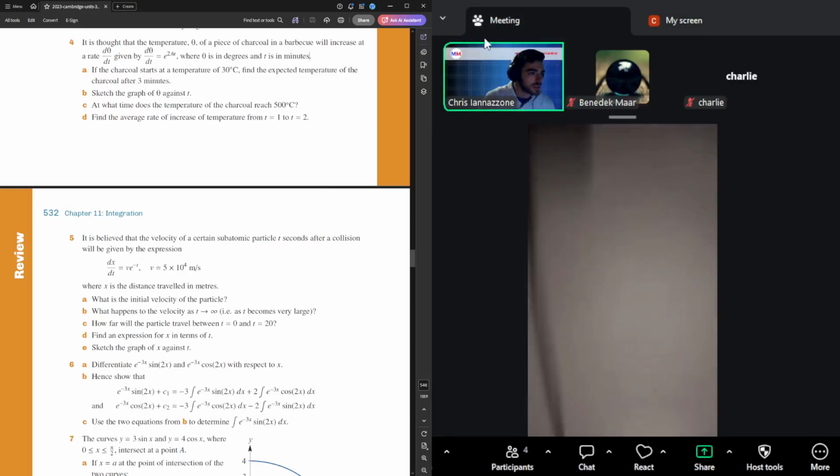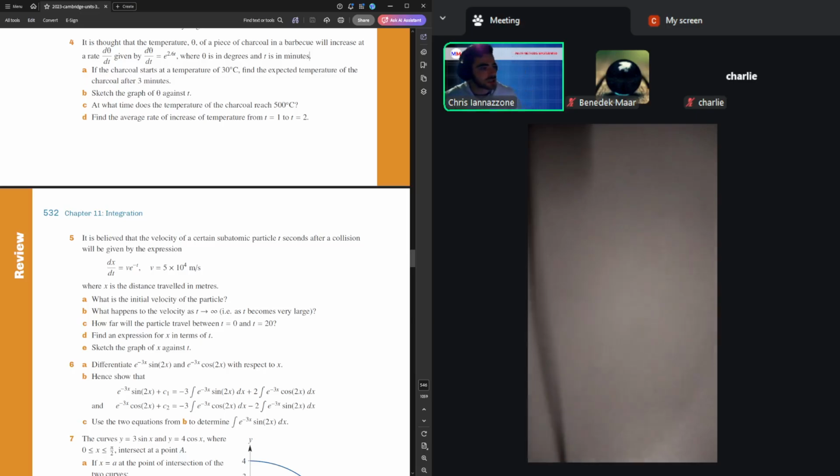Part A. If the charcoal starts at a temperature of 30 degrees, find the expected temperature of the charcoal after 3 minutes. A couple of things worth pointing out here. Expected temperature is another way of essentially saying the expected value of a certain function.